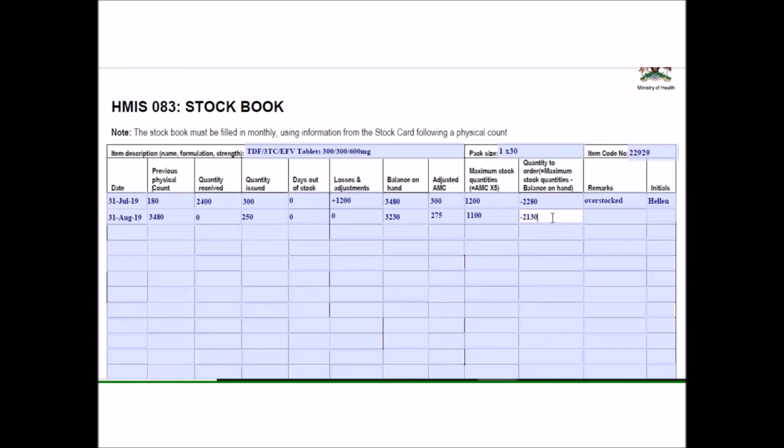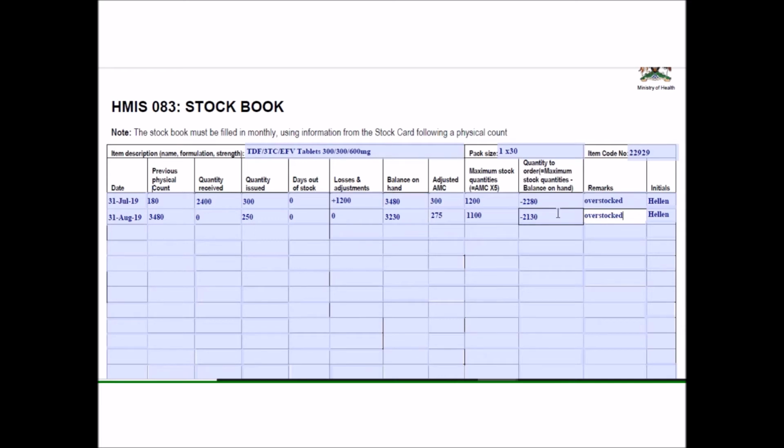So we are still overstocked even in the month of August. We need to give away these tins in order to remain with sufficient stock just for our needs.